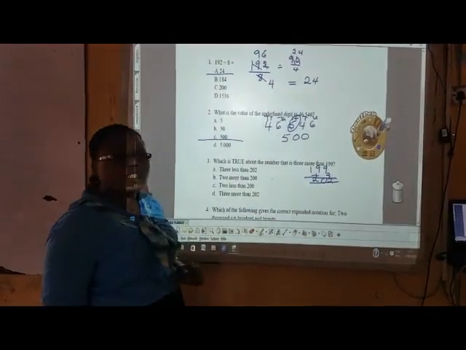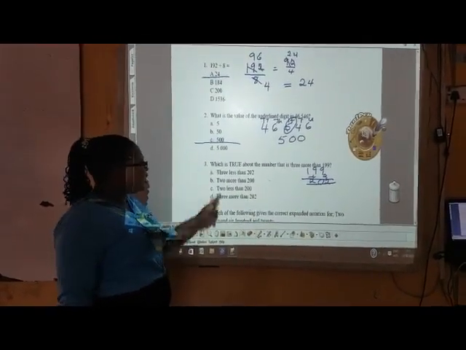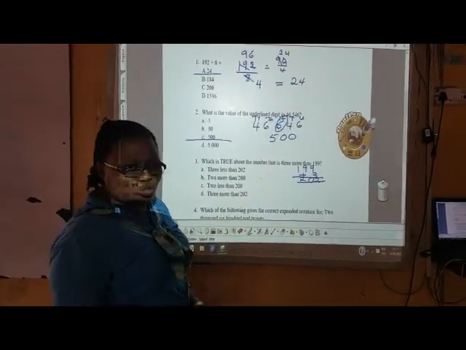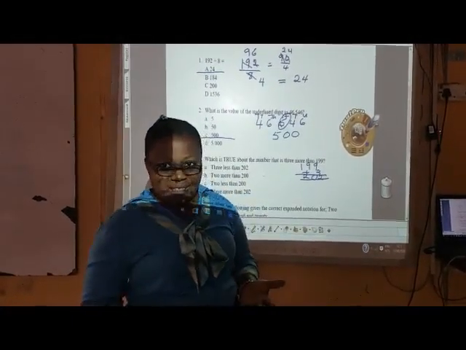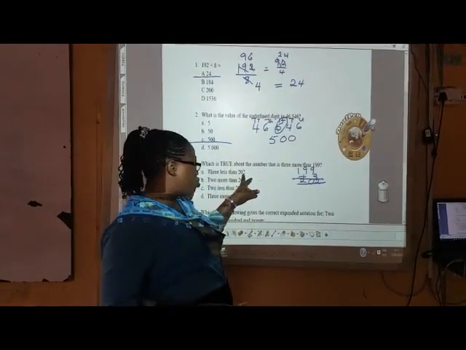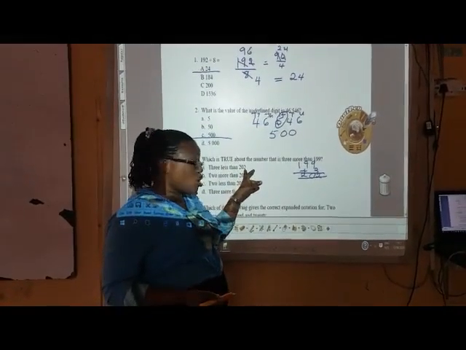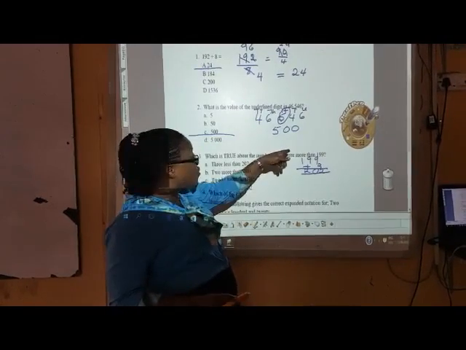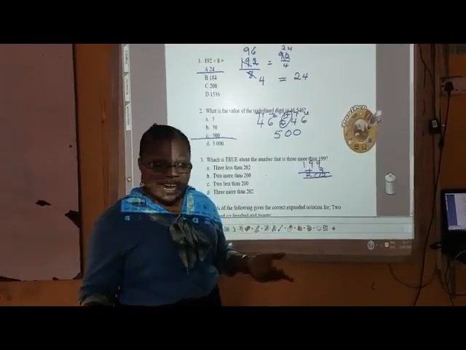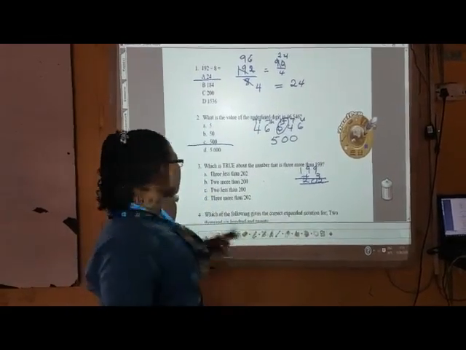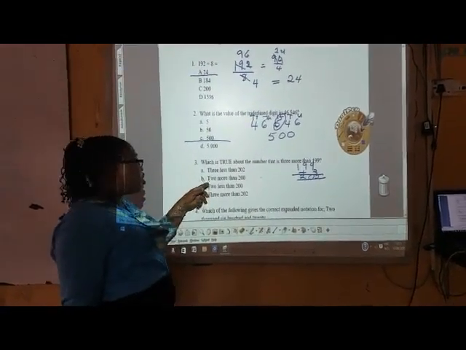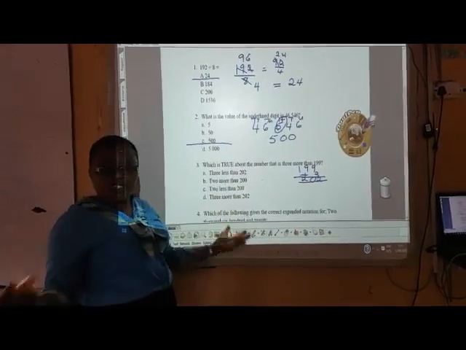Let's look at the first one. A. 3 less than 202. When we say something is less than, we have to subtract 3 from 202. When you subtract 3 from 202, it does not give you 199, so you know that this statement is false. Then the second one, we have 2 more than 200.